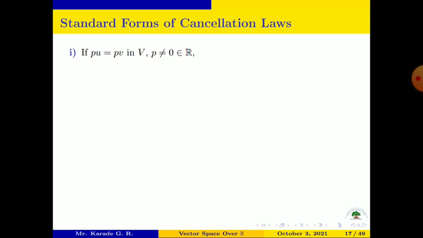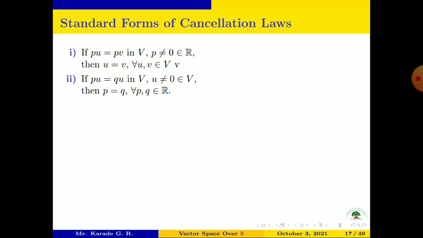If P into U is equal to P into V in V and P is a non-zero scalar, then we can cancel that P and write U equal to V, and it is true for all U, V belonging to the vector space V. The second cancellation law says that if we have P into U is equal to Q into U in V and U is not equal to the 0 vector in V, then we can cancel that vector U and write P is equal to Q. And it is also true for all scalars P, Q in the set of real numbers R. So these are the cancellation laws.